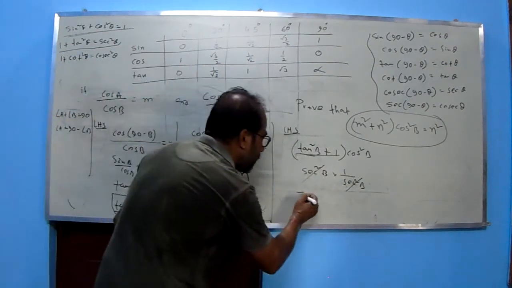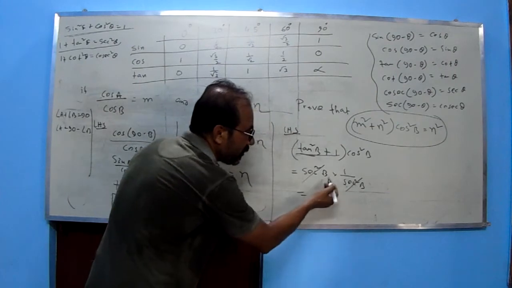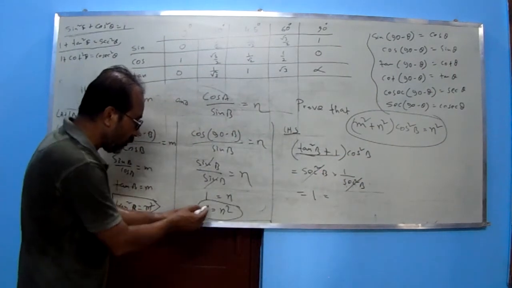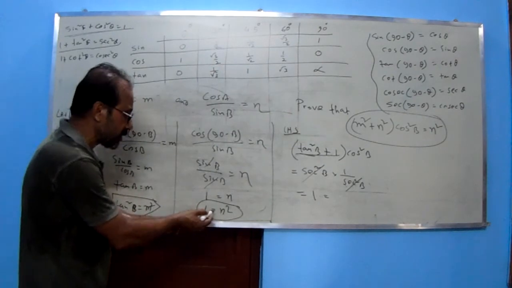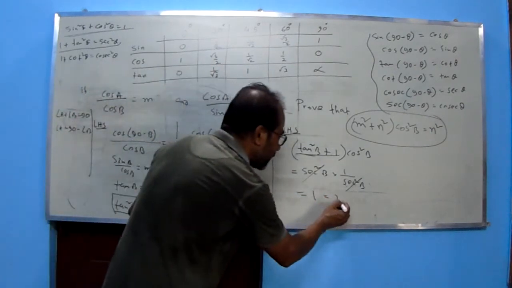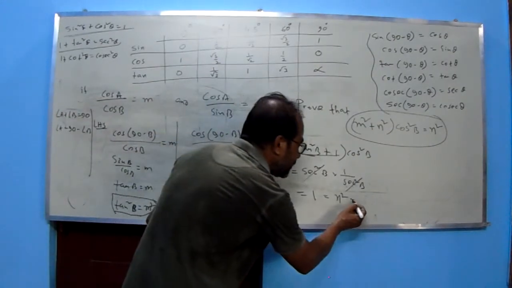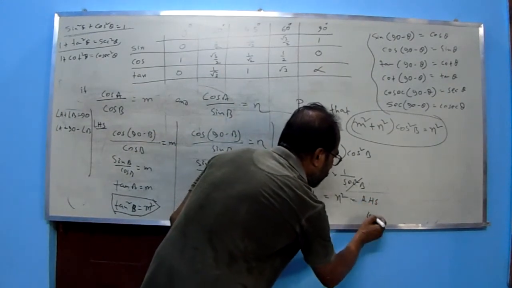What is left over? Only 1. 1 means N square, so in place of 1 I must write N square. I have to prove N square, and it has come as N square. So it is RHS. Proved.